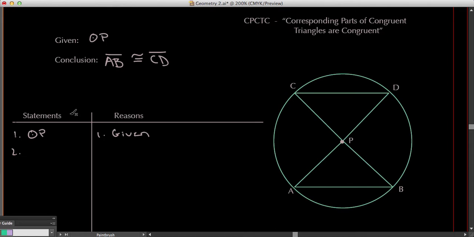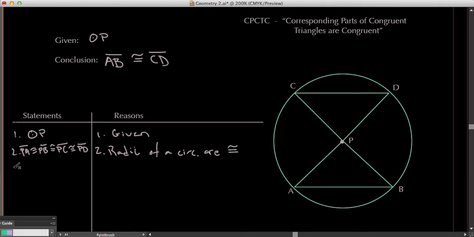So I know that PA will be congruent to PB, and PC to PD. This is just because radii of a circle are congruent.